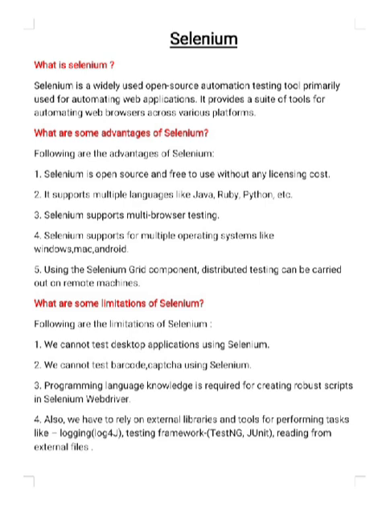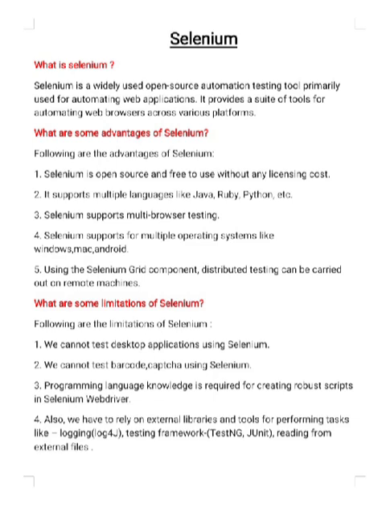Also, Selenium doesn't have reporting capability. So we need to rely on external libraries for reporting purposes also. That is one of the limitations of Selenium. I hope you understand the advantages and disadvantages of Selenium.